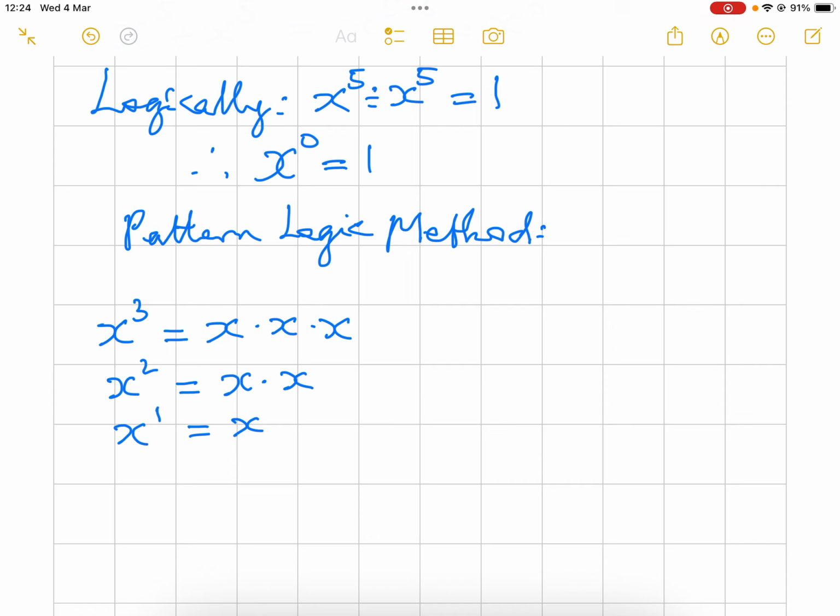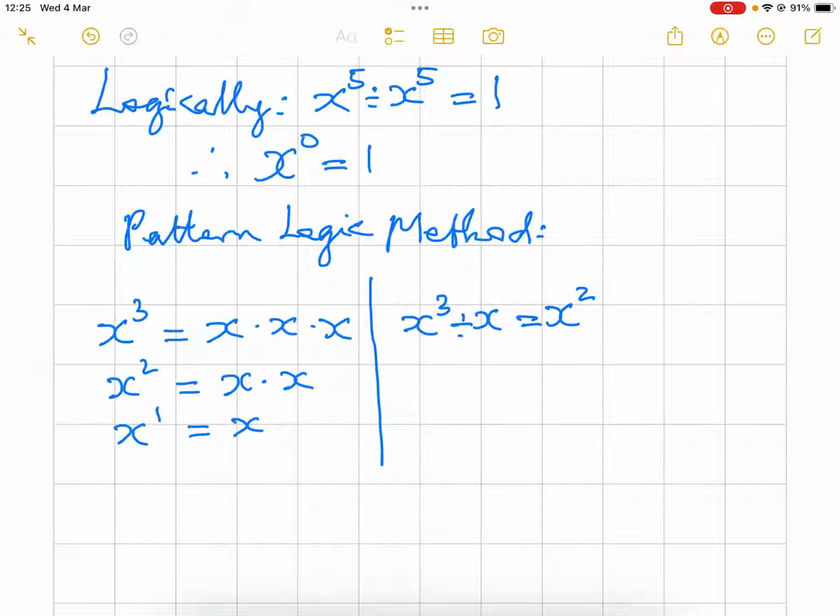Now let's divide step by step. Let's start with x raised to power 3. x raised to power 3 divided by x. Use x to divide each of these. This will give us x raised to power 2.